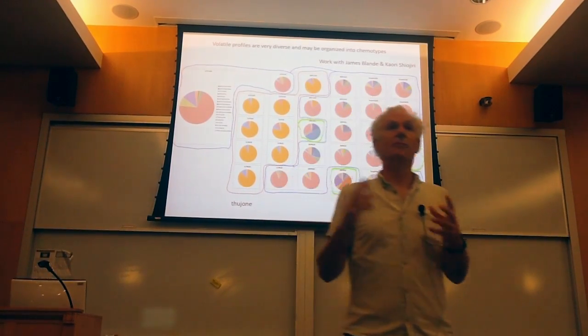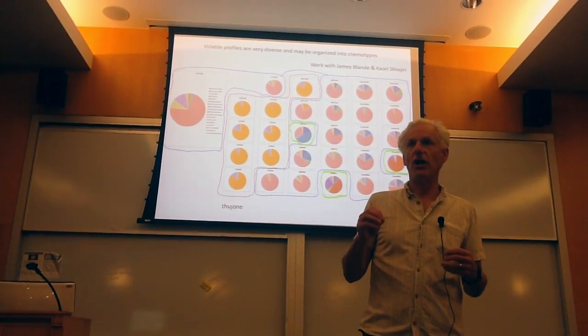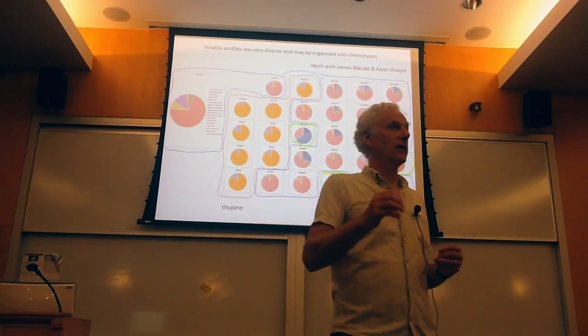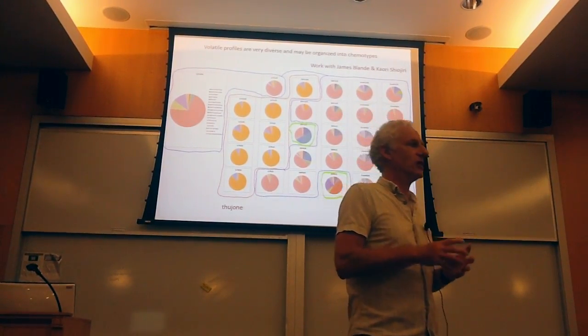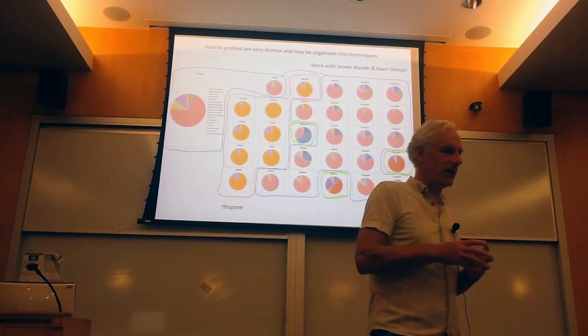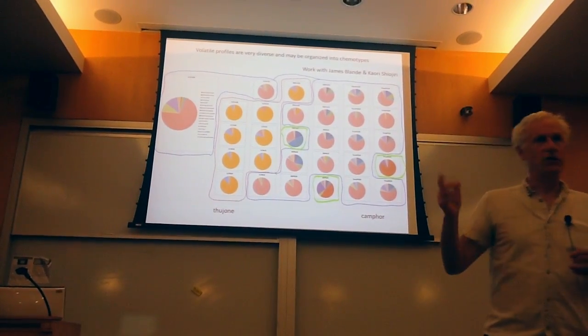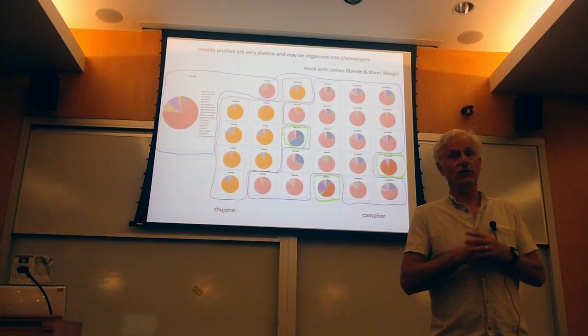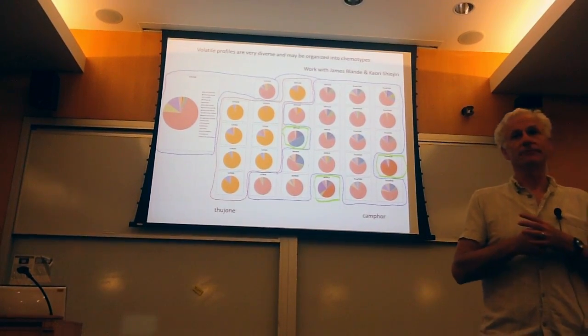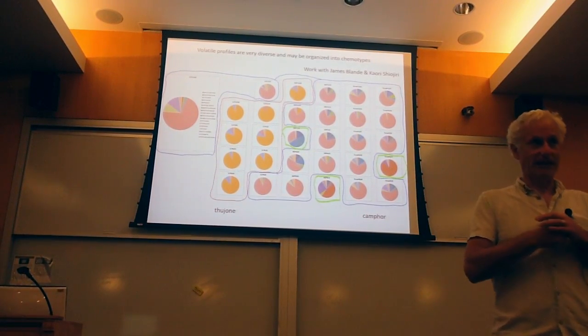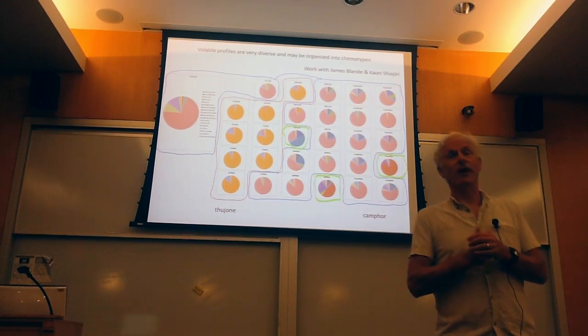And the colors in the pie show different chemicals that we were able to measure, or really that James Bland and Carrie Shiojiri were able to measure, because this is also something that I don't really know how to do very well.